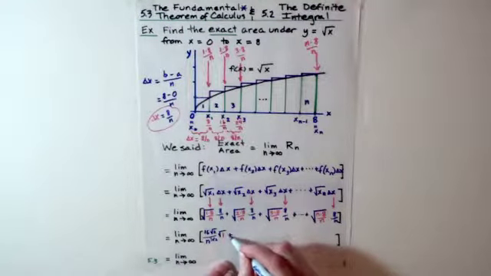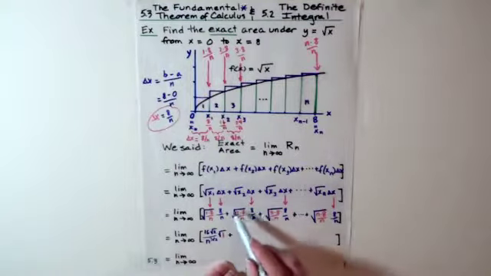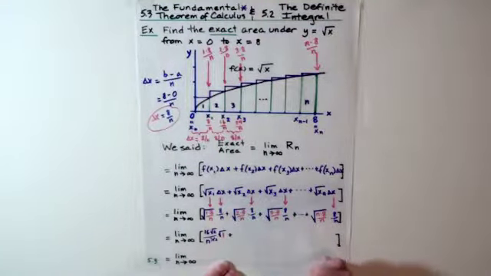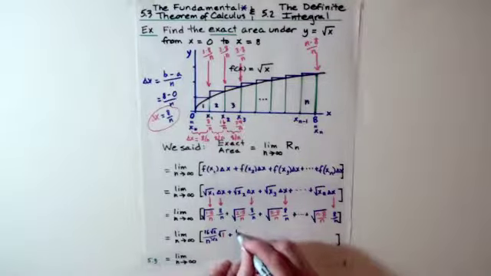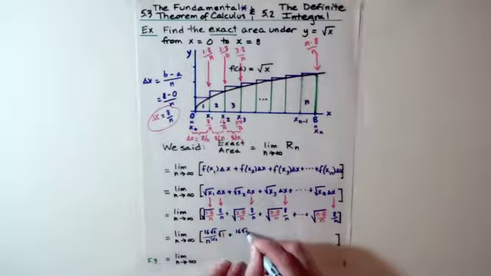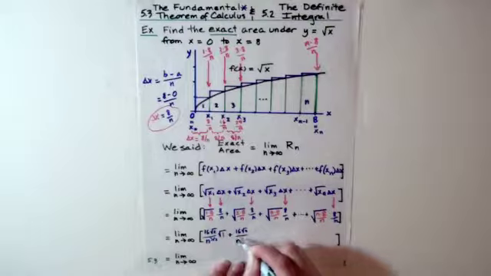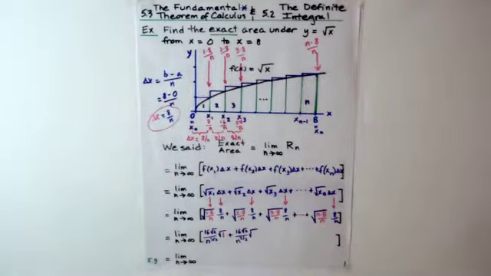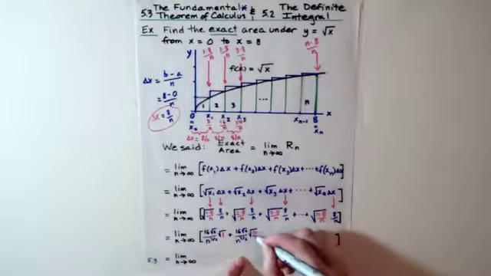The next term has exactly the same factor out in front, but it will have a square root of 2 instead of a square root of 1. So I again get 16 root 2 over n to the 3/2, and it'll be times the square root of 2.